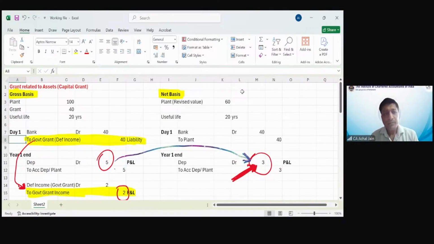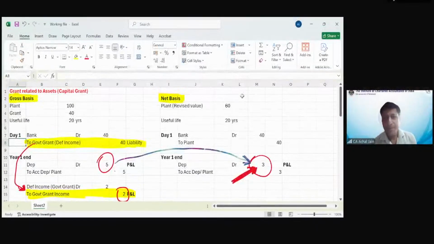Sometimes the conditions which are attached to the grant may not get fulfilled. If you remember, we discussed that every grant will be conditional. Entity will have to comply with those conditions.